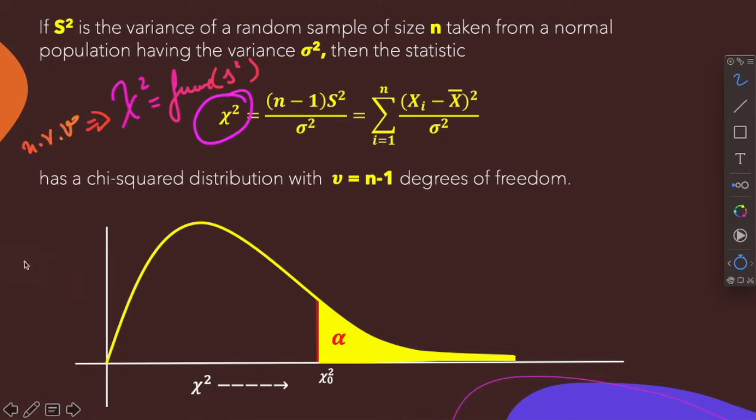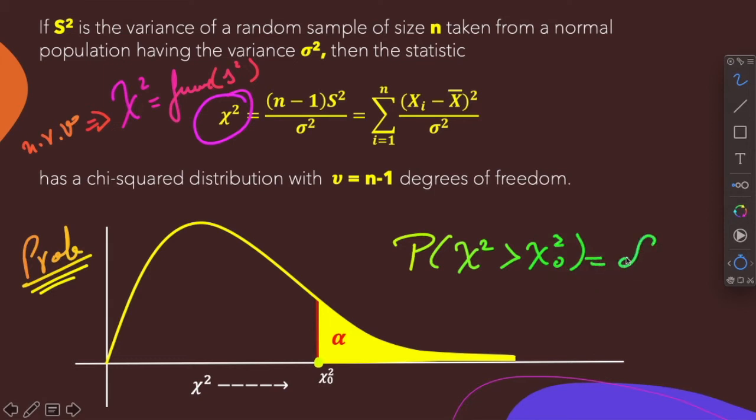Now the relationship of this with respect to probability will have such a shape, and this alpha is marked at a particular point where chi square naught is a point. Suppose we are looking for the probability of chi square more than chi square naught, then what will this value be? This is nothing but alpha at a particular value of degrees of freedom n minus 1.